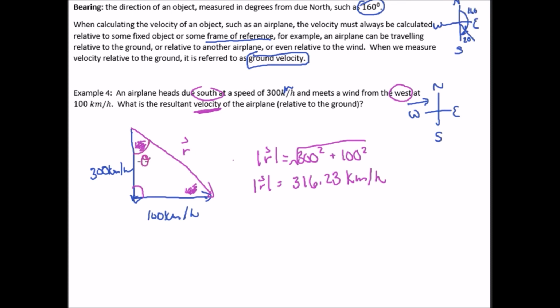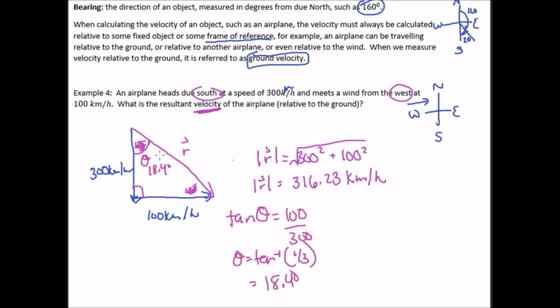We still have to figure out this angle here. We can use tan theta equals 100 over 300. So theta equals tan inverse of 1 over 3, and I get 18.4 degrees. So this angle right here is 18.4 degrees.